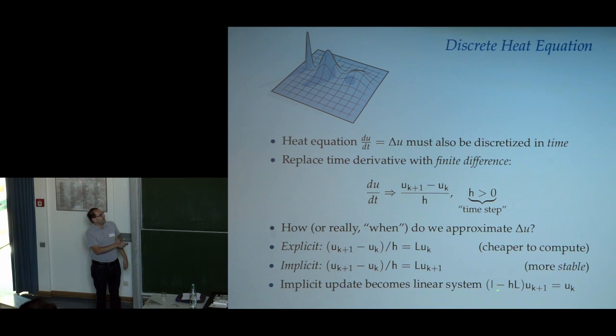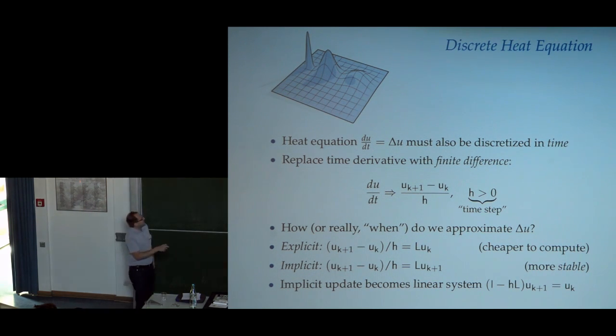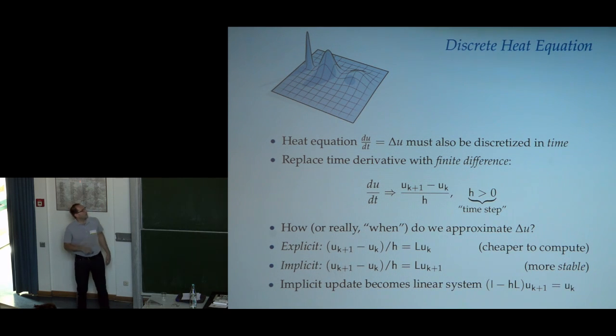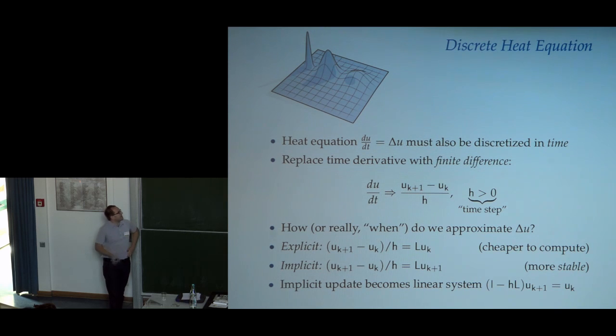The Laplacian is negative definite, and multiplied by minus and adding the identity to it, you get something positive definite. And for that reason, solving this is very stable, even if h is very large. You don't have restrictions on the size of h the same way that you do with the first approach. So for that reason, in practice, people like the second approach because it gives you very stable steps.